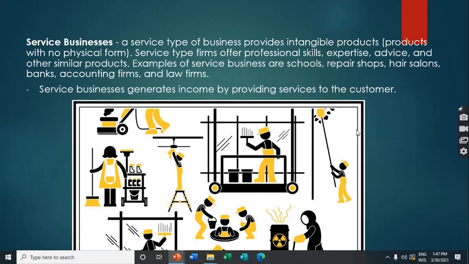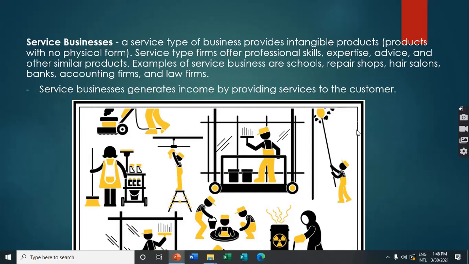the service business. When we say service businesses, a service type of business provides intangible products, meaning you cannot hold them. Products with no physical form. Service type firms offer professional skills, expertise, advisory, and other similar products.